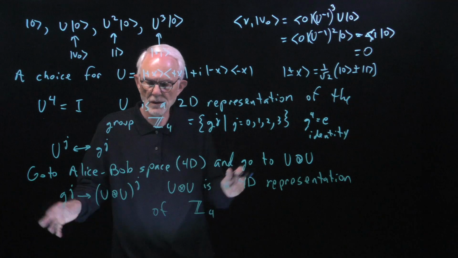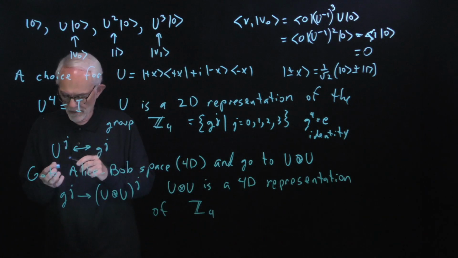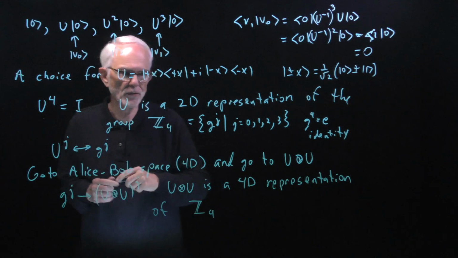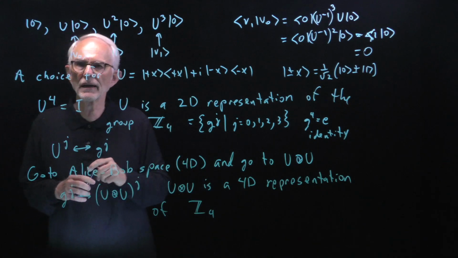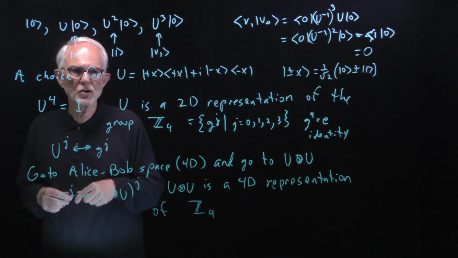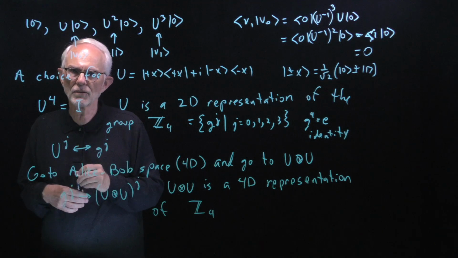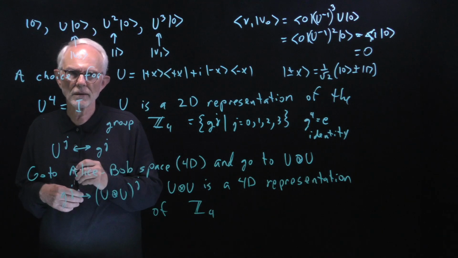As I said, this procedure can be adapted to bigger groups. The group Z4 is an abelian group. Everything commutes nicely. We can also take this to non-abelian groups, and in one of the references, it's done for the dihedral group D3.